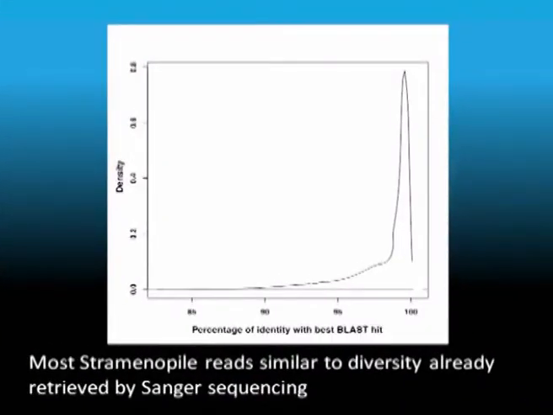What we saw is that most things we were recovering are similar to things which were already known. So we were not discovering a complete world of new diversity. Most probably what we knew from Sanger sequencing was quite accurate in a way.